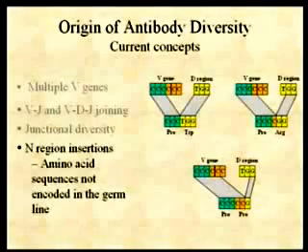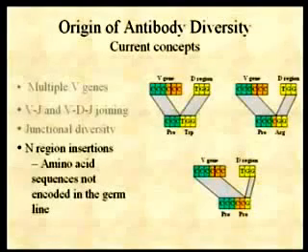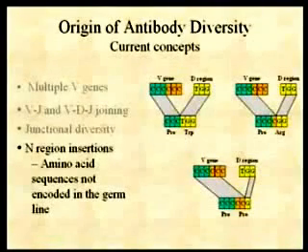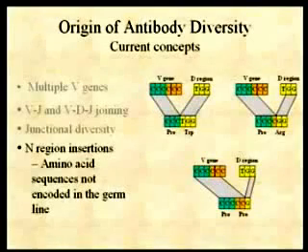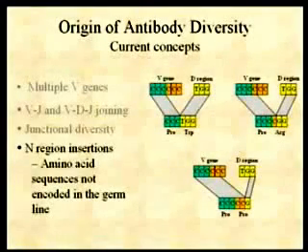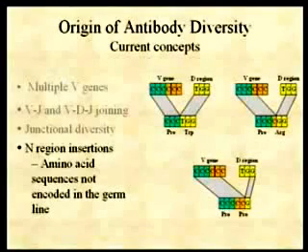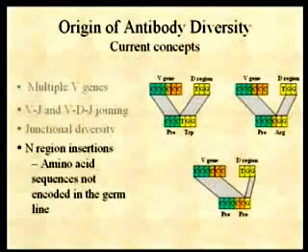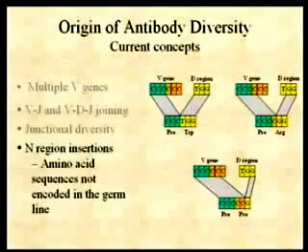The next thing that's thought to contribute to diversity is N-region insertions. So what are N-region insertions? If you sequence the immunoglobulin protein in the hypervariable regions, you know what the sequence is. Now, if you then clone the germline gene that codes for that immunoglobulin molecule, from the germline gene, of course, you can predict what the amino acid sequence is going to be from the sequence, right?